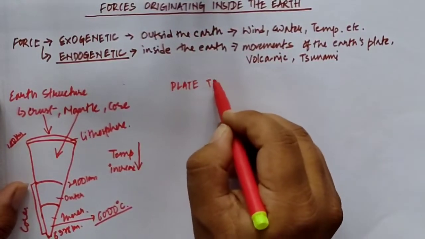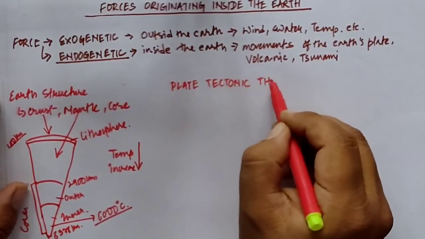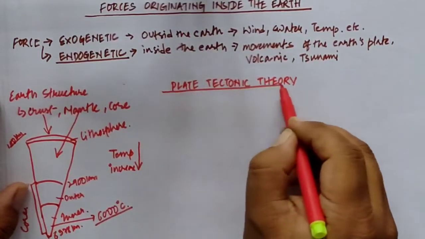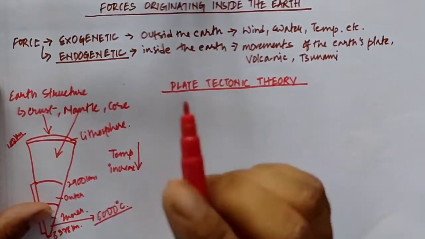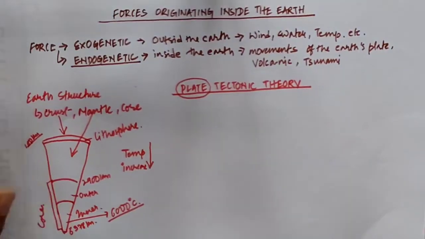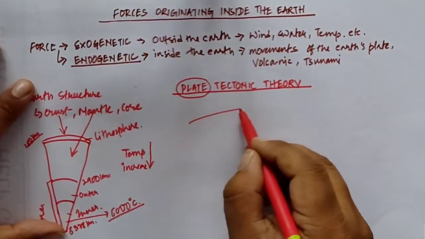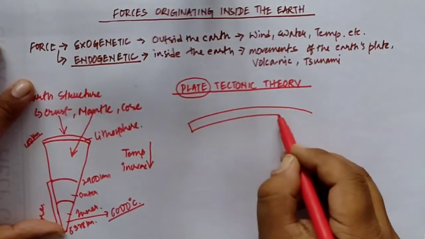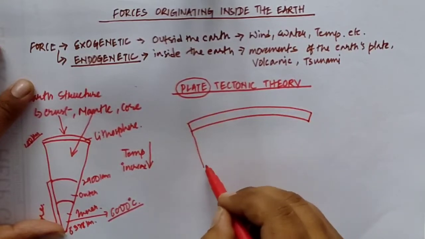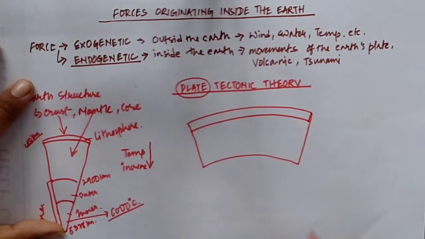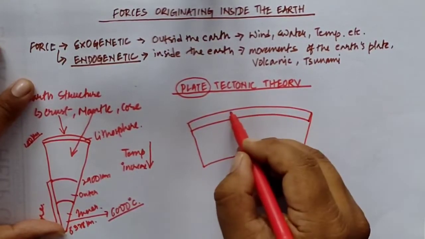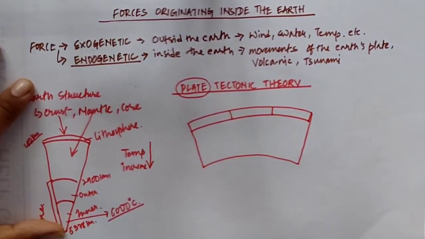We should learn about the plate tectonic theory in order to understand the endogenetic forces. First we need to understand what plates are. The crust of the earth is divided into different slabs, and those slabs are termed plates.